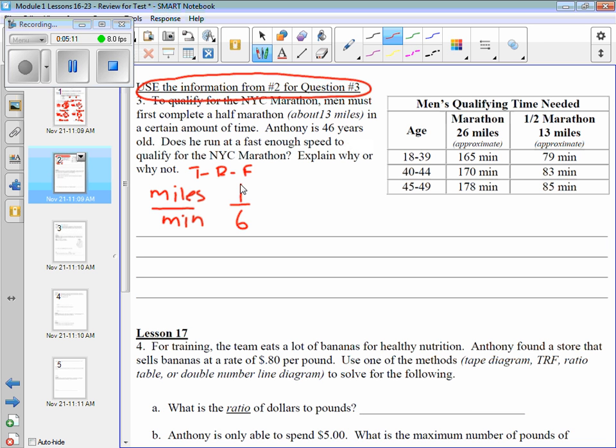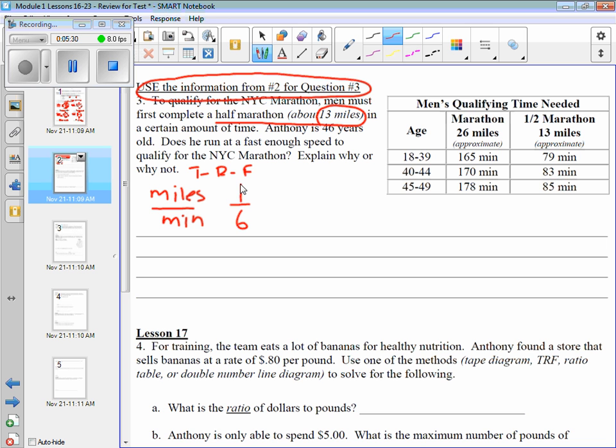Now if we go back and take a look at the question, he's planning on entering a half marathon. That's a VIP. And it's 13 miles. We're not going to worry about how old he is yet. We've got to figure out how long it's going to take for him to run 13 miles.